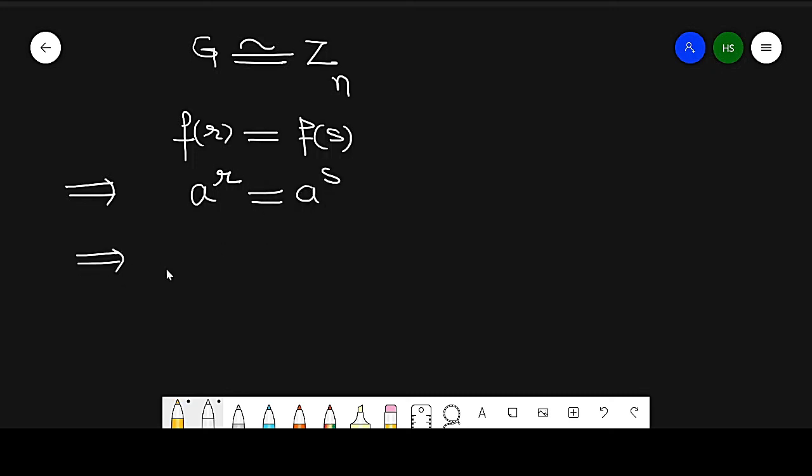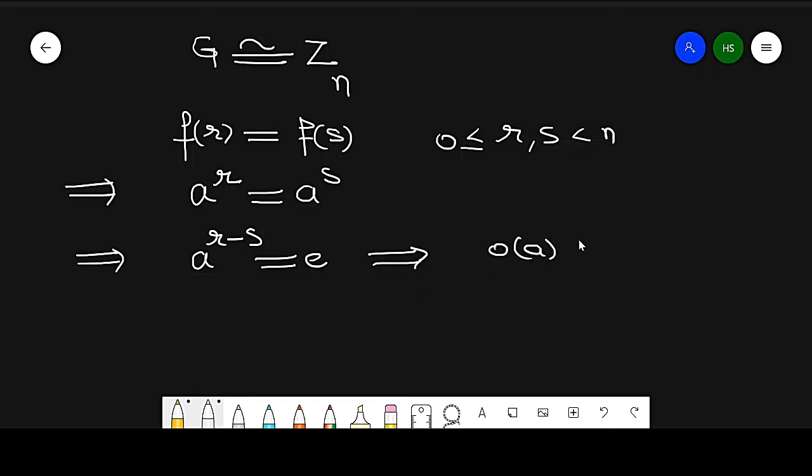It implies a raised to power r minus s is equal to the identity. Here r and s are less than n and greater than or equal to 0. So it implies the order of a divides r minus s.